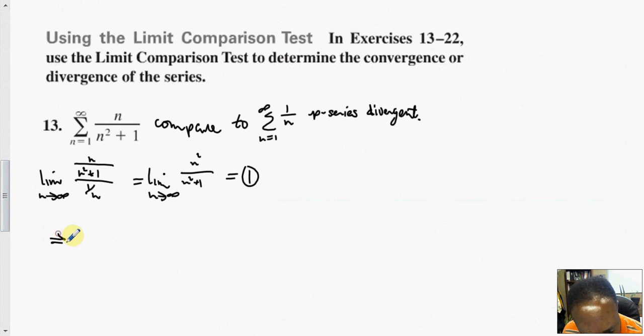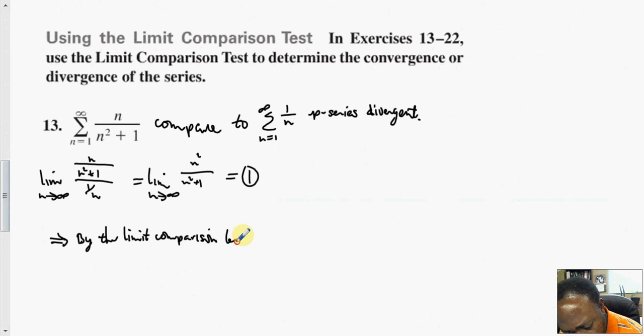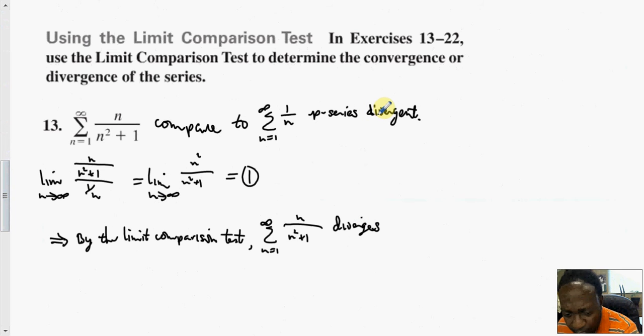So this implies, by the limit comparison test, this series here, we compare it to a known divergent series.